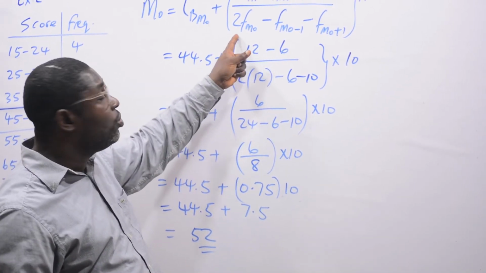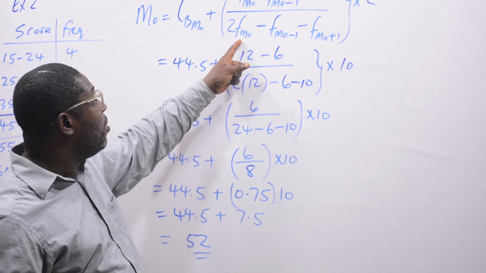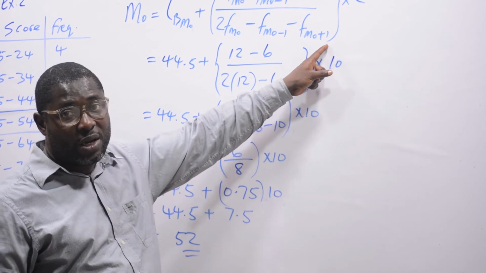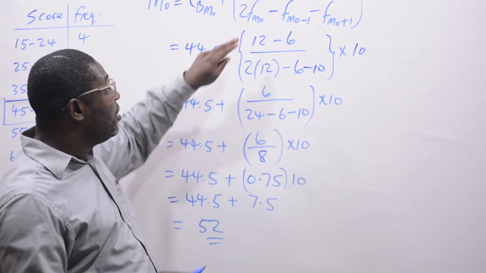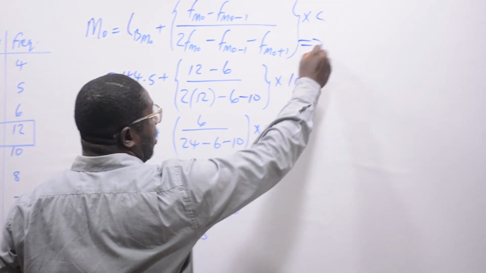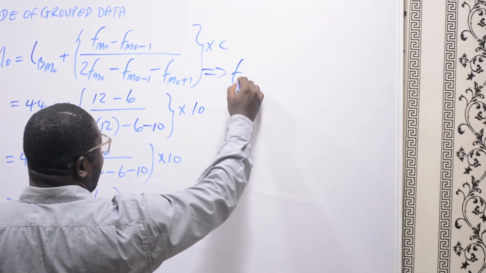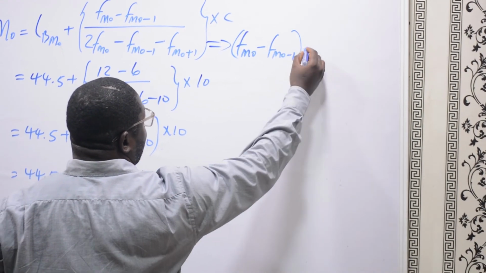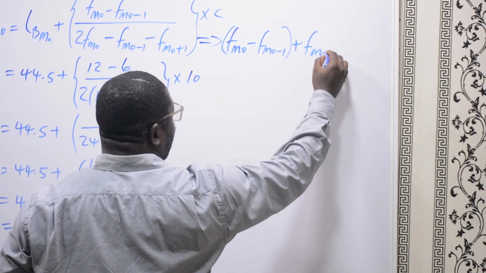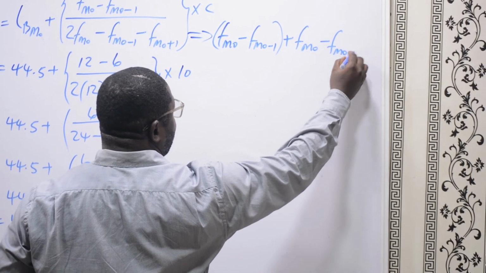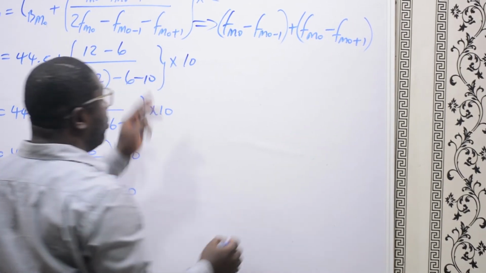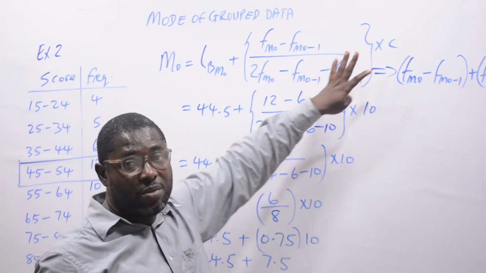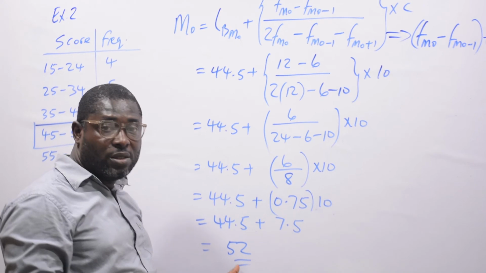Instead of using 2 times the frequency of the modal class minus frequency of the class before the modal class and the one after the modal class, what you do is to have the frequency of the modal class minus frequency of the class before the modal class, plus frequency of the modal class minus frequency of the class after the modal class. That's what you do. So try out this formula here with other elements remaining the same and see whether you get 52.